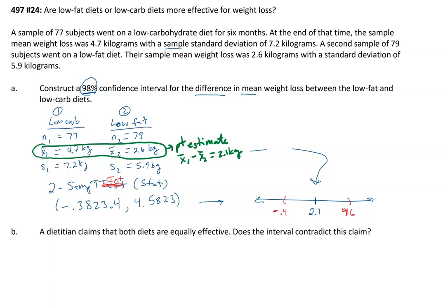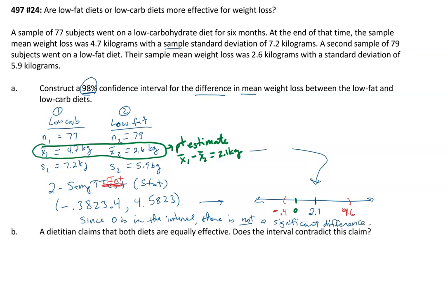So if I wanted to put 0 in this diagram, it's pretty far over there, but there's our 0. It's inside the interval. So in fact, there's no significant difference. So since 0 is in the interval, there is not a significant difference.